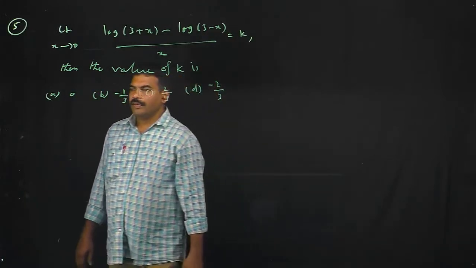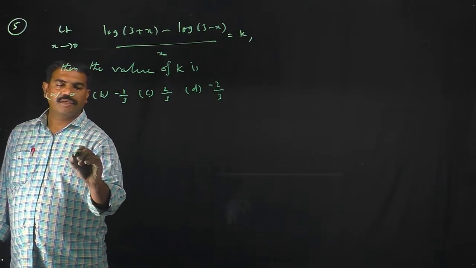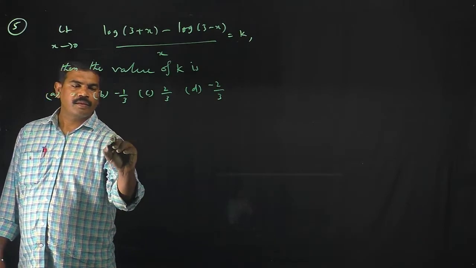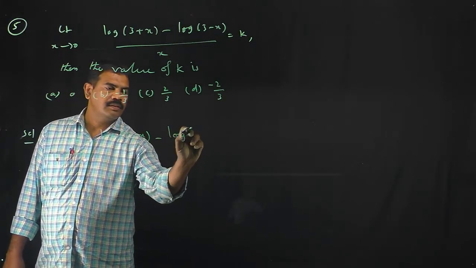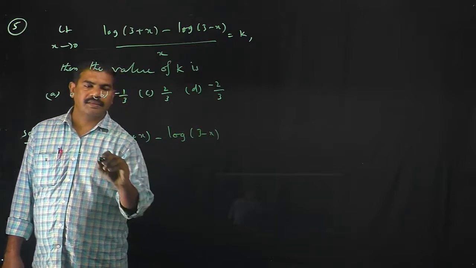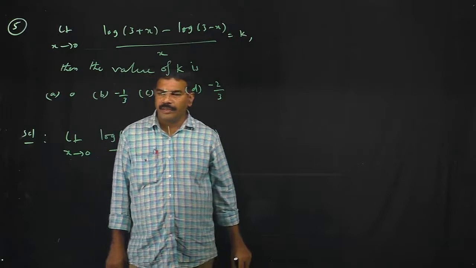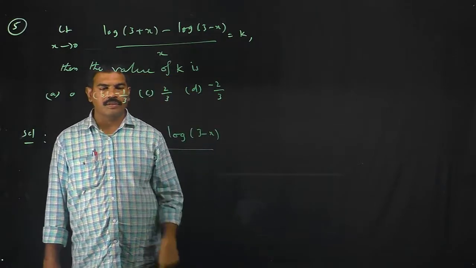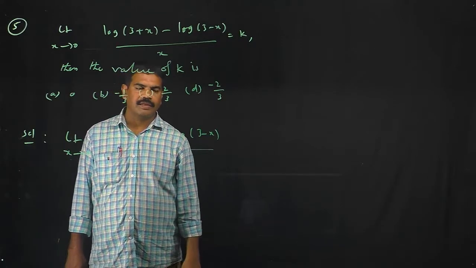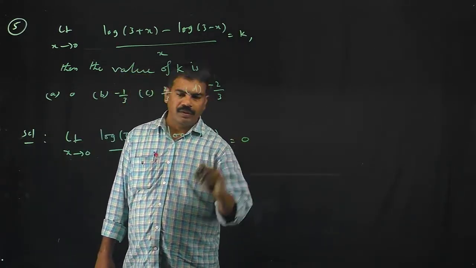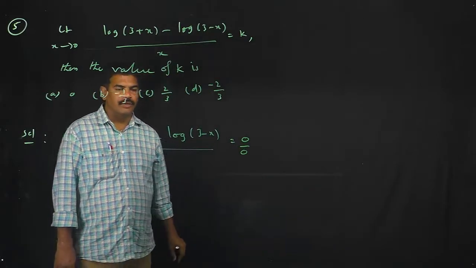Now take the given limit: limit x tends to 0, log of 3 plus x minus log of 3 minus x by x. Now we apply the limit, put x equal to 0, that is log 3 minus log 3, that is 0. Denominator also 0, it is in the form of 0 by 0.